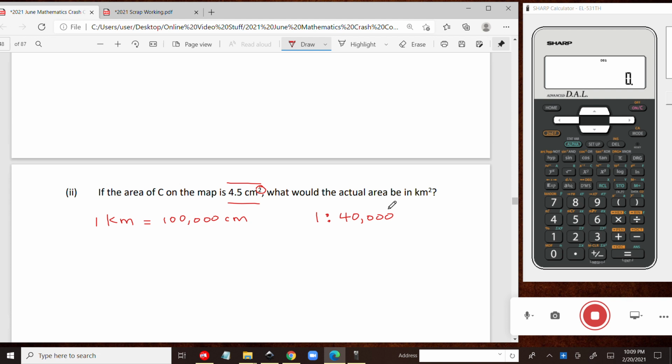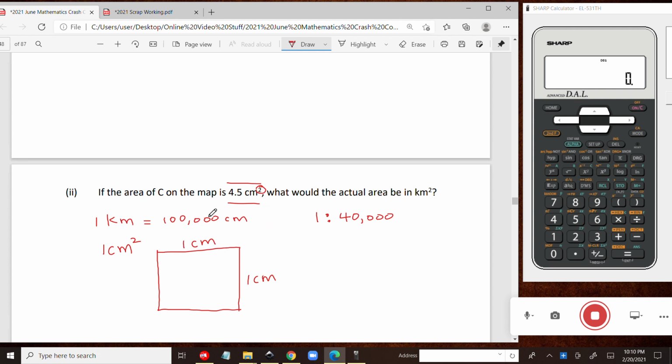Okay? So let's investigate what 1 centimeter squared means. 1 centimeter squared means we have a square, first of all, and each side of the square is 1 centimeter. So the area is 1 by 1, which is 1 centimeter squared.